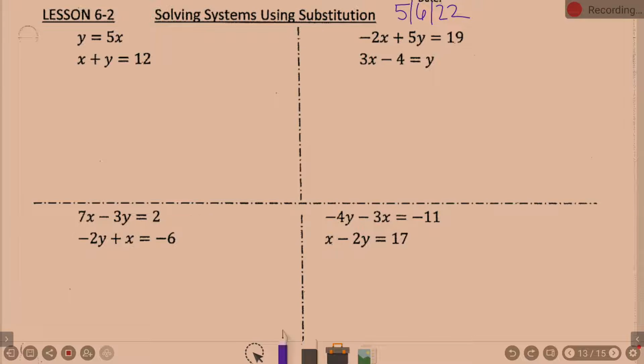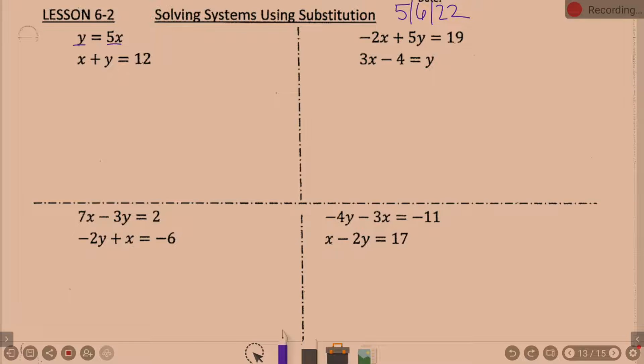Okay, guys, substitution. The idea behind substitution is we want one equation to either be solved for x equals or y equals, and then we're going to substitute it into the other equation. So the first thing you want to check is, is there an equation that is solved for either x equals or y equals? I have an equation that is y equals 5x. Every place I see a y in the other equation, what am I going to replace it with?